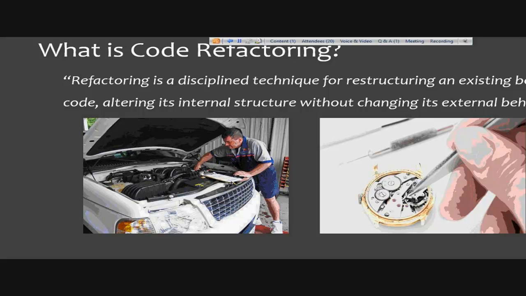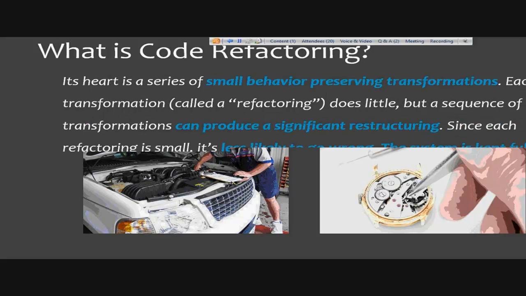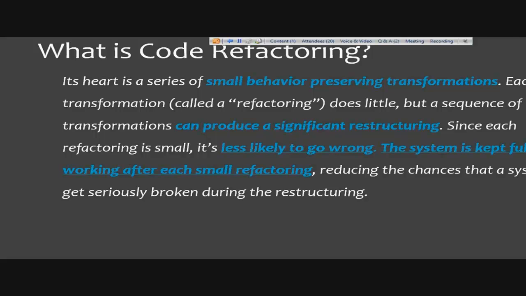There are certain things that we call refactoring, but those are not. Before that, we'll see the explanation given on the refactoring site itself. Again, I want to stress, it's a small behavior preserving transformation.